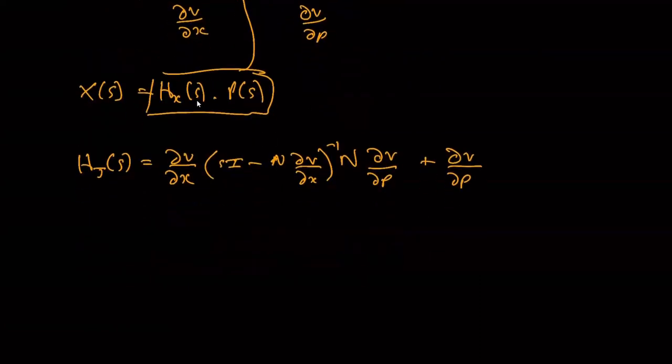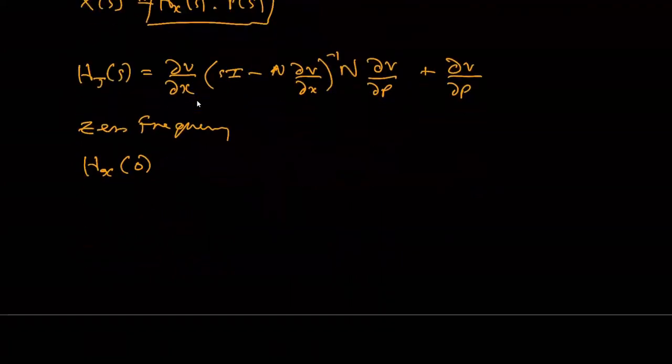So with that, those are the two main equations we need: Hj(s) and Hx(s). Note that at zero frequency, when we set s to 0 for Hx(0) or Hj(0), these effectively equal the unscaled sensitivities.